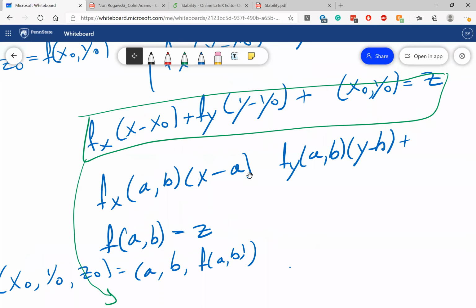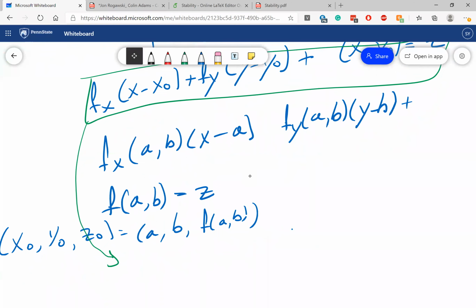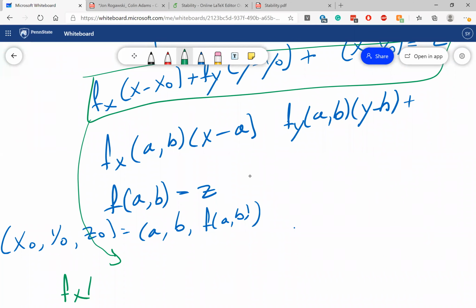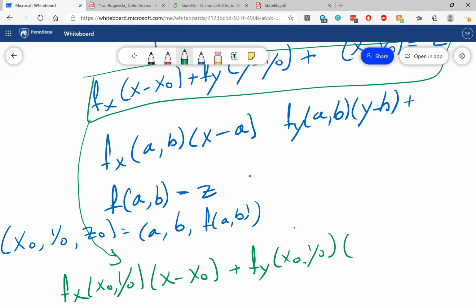If you write this out more completely, you would get f of x at x0, y0 times x minus x0, plus f of y at x0, y0 times y minus y0, plus f of x0, y0 is going to be equal to z.